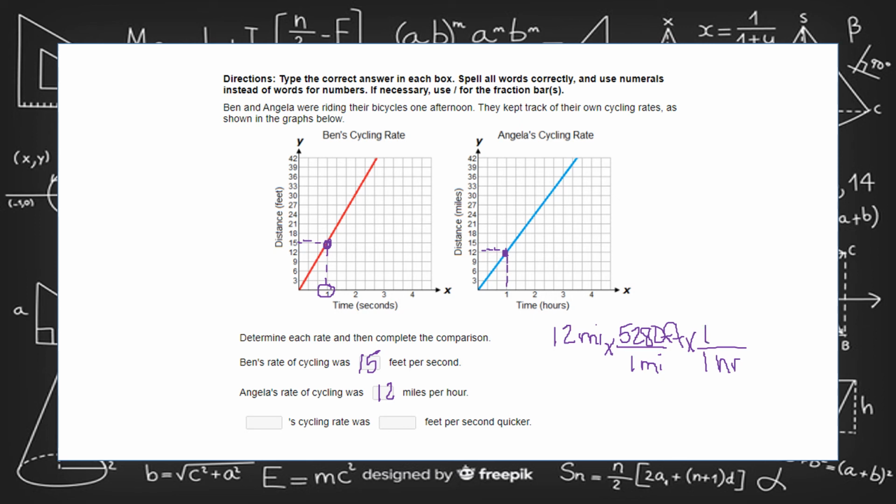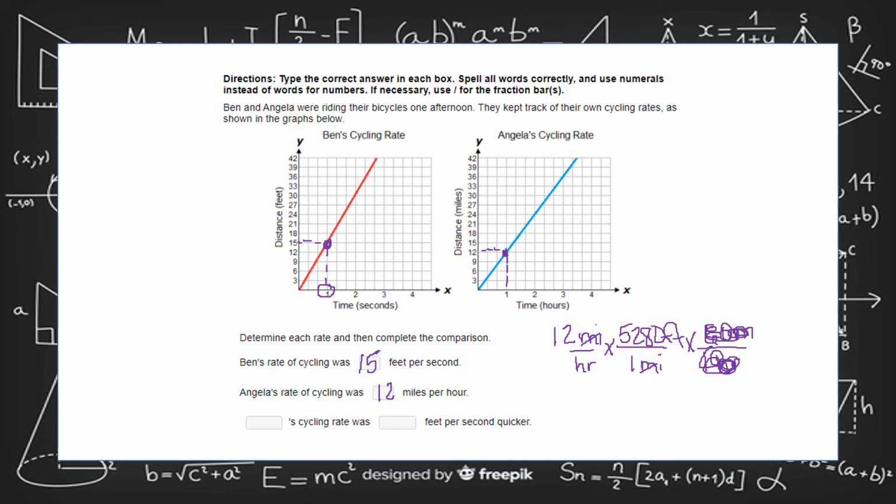Let's do that conversion in just a moment. I'm going to do the first conversion where I multiply 12 times 5,280. I'm doing it this way because I don't want too many steps all together where it gets confusing. So let's do 5,280 times 12, and the miles will cancel each other out.